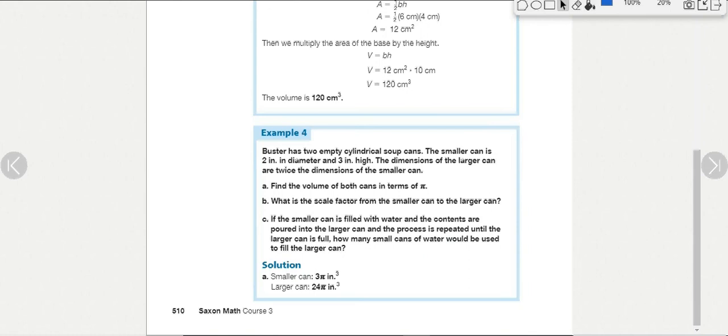Buster has 2 empty cylindrical soup cans. Smaller can is 2 inches in diameter, or 1 inch radius, 3 inches high, so back 3.